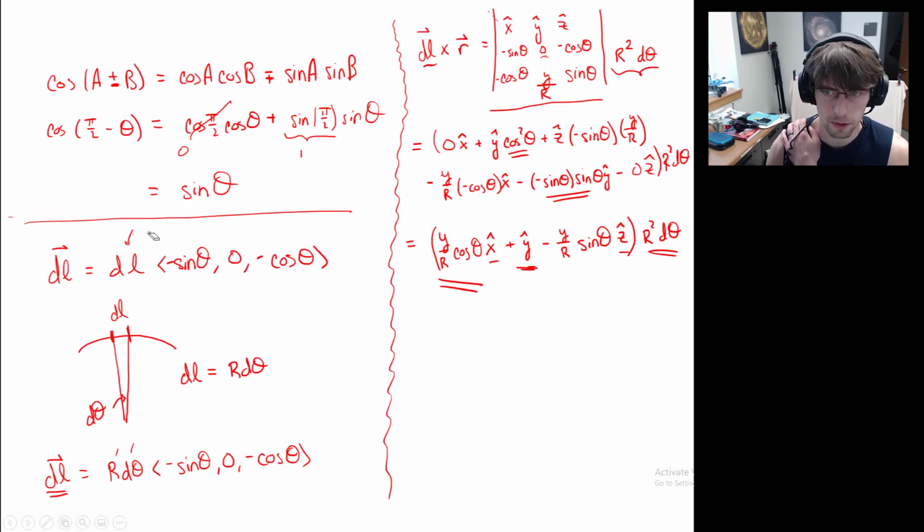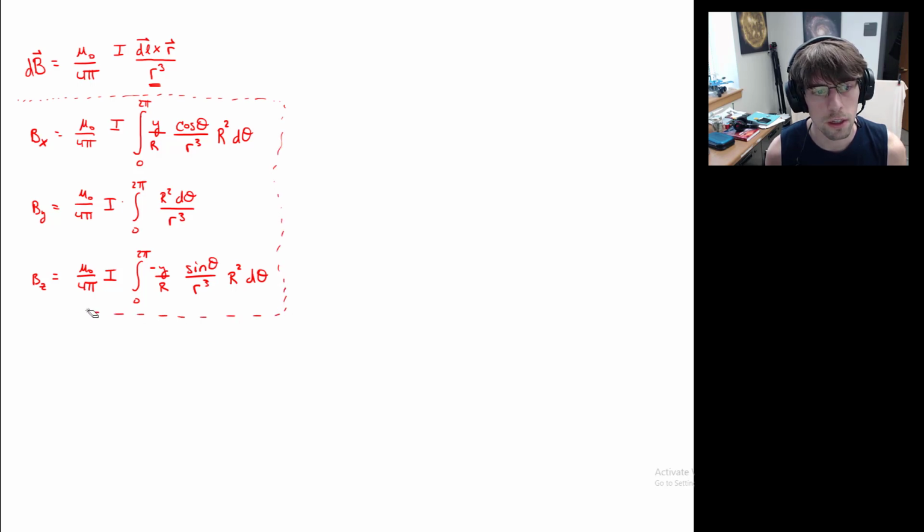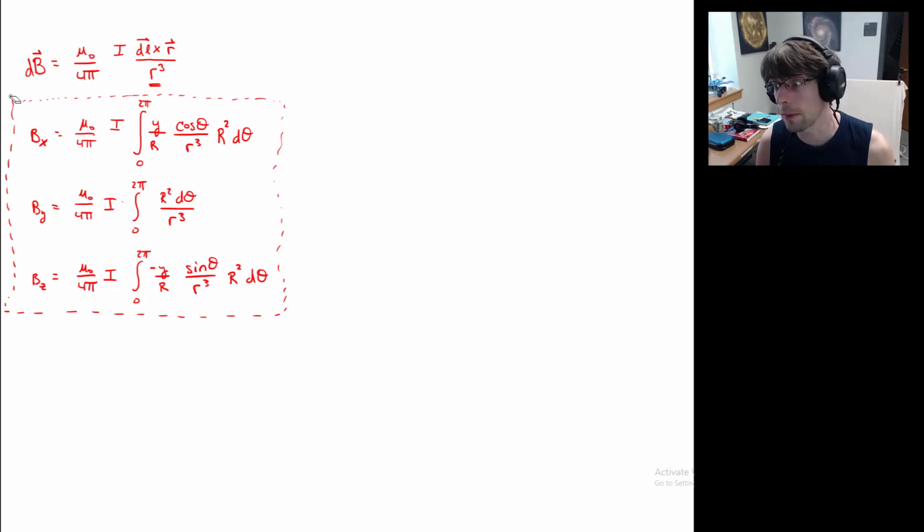You see the pattern. Negative y over r, so I have a negative sign in here. Negative y over r, sine of theta over r cubed, r squared d theta. And there, oh goody goody, are the 3 integrals that we get to solve.